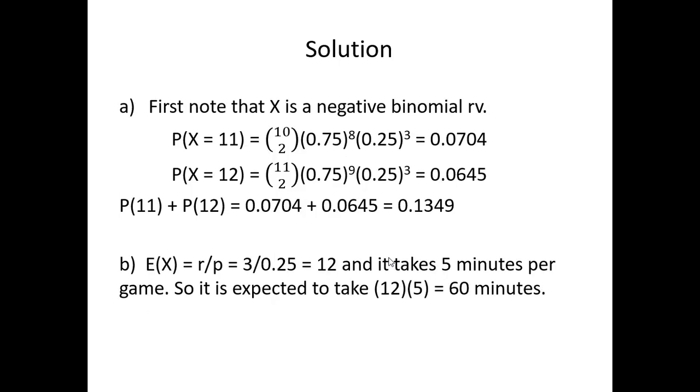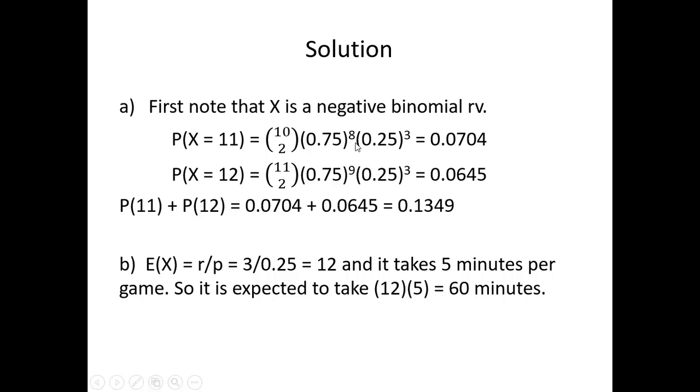Okay, so our X is now a negative binomial random variable. We could calculate the probability X is 11. 10 choose 2 times 0.75 to the 8th power. Right, remember, there's a 0.25 chance of winning, so there's a 0.75 chance of losing.